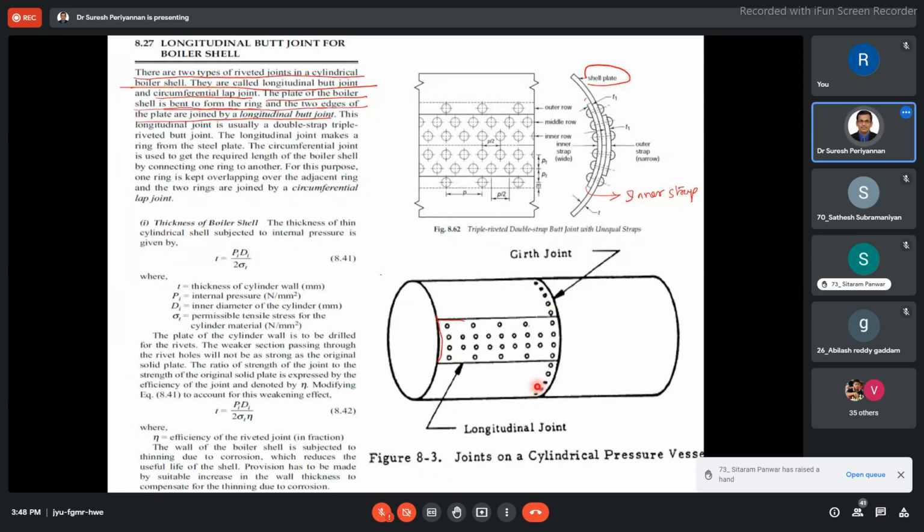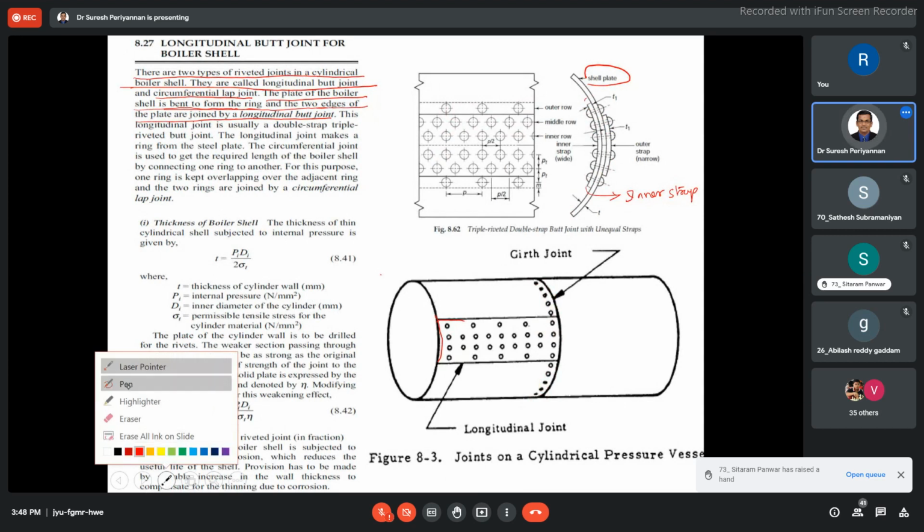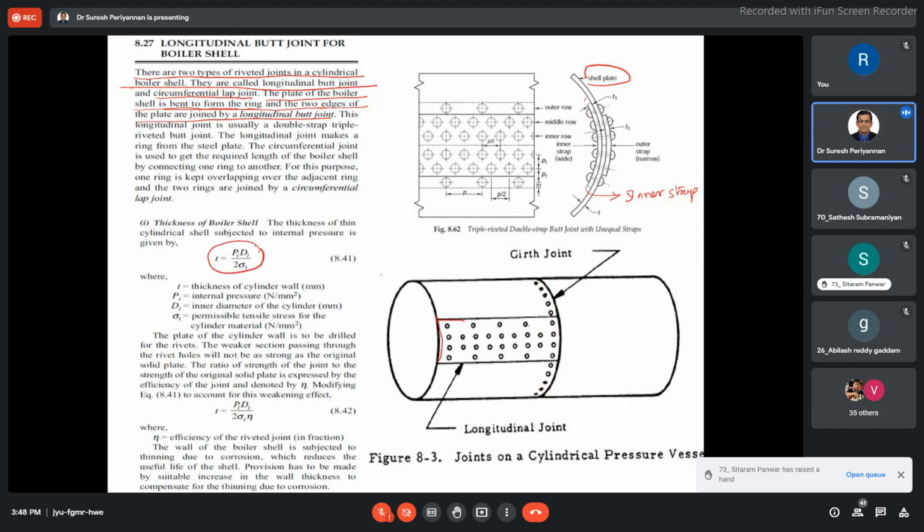Thickness of the boiler shell. The thickness of the boiler shell is nothing but what is this formula? I mean, 2 sigma. You might have studied. What is this formula? From which stress is this formula obtained? Hoop stress or longitudinal stress? Sir, hoop stress.